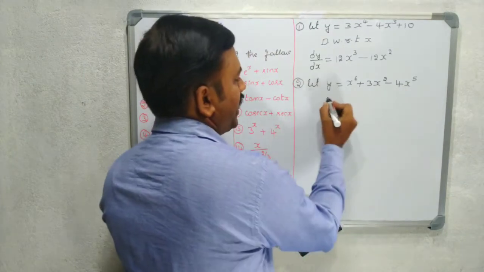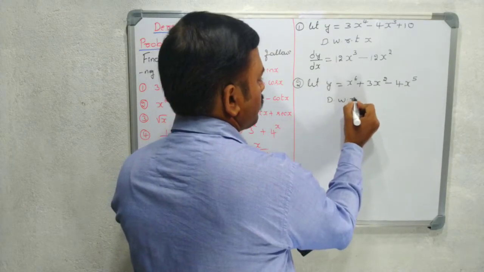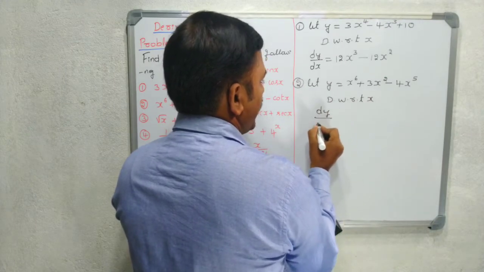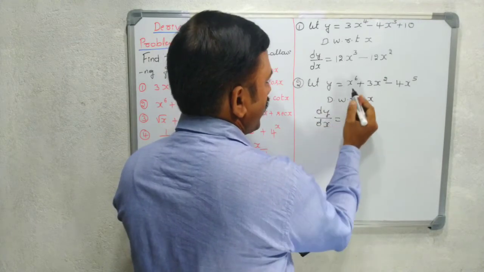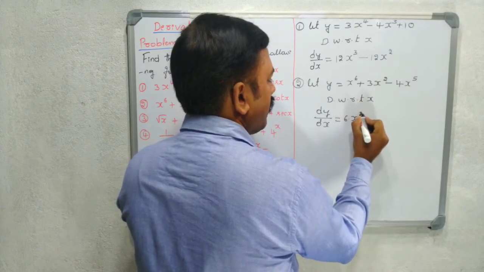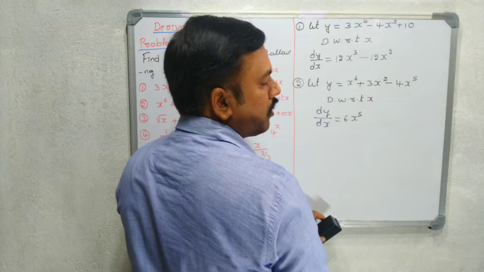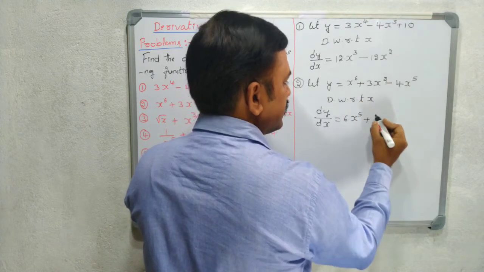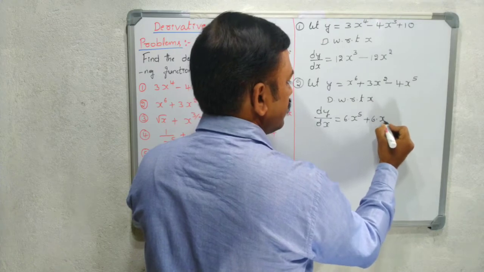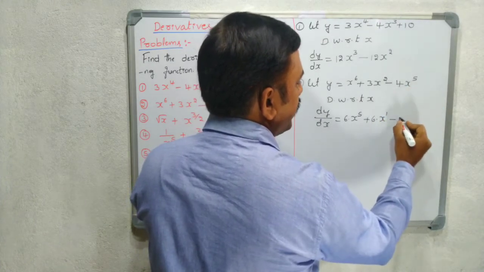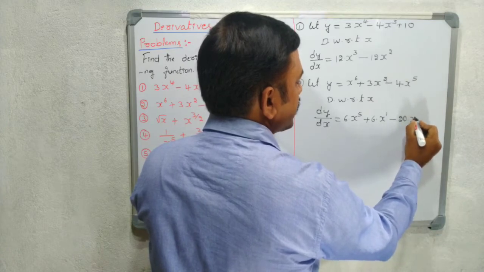So I differentiate with respect to x, that gives dy by dx is equal to 6 into x to the power of 5, using the formula for x to the power of n. Next plus 2 3s are 6 into x to the power of 1. So minus 4 into 5, 20 into x to the power of 4.